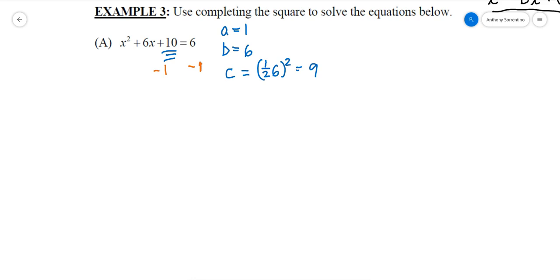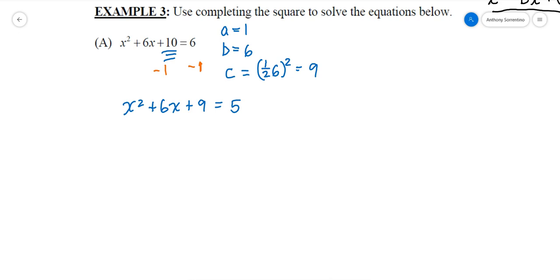So what I can do at this point now is rewrite this and say, okay, I'm going to have x squared plus 6x plus 9 equaling 5. What's on the left-hand side now is a perfect square trinomial, which is the result of a perfect square binomial.